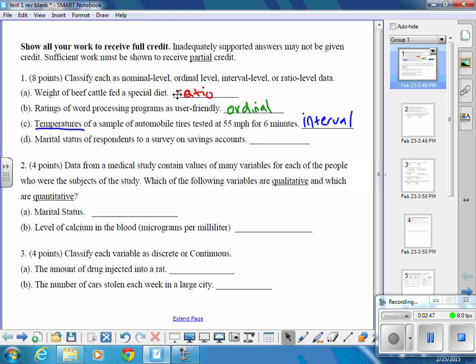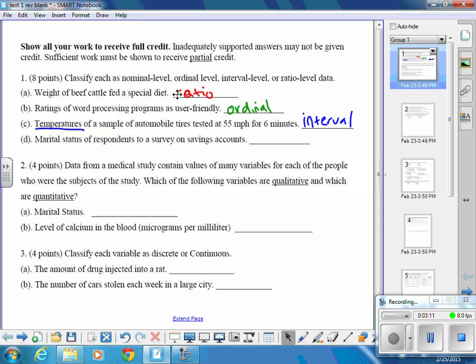There are negative numbers when you're measuring temperature, and that 0 does not mean there's no more heat or no more cold. It can get colder. You see what I'm saying? So temperature is an example of interval level data, where there is no true zero.